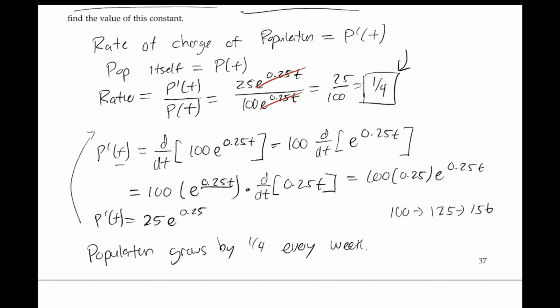So I was a little off. I called it 150. It's actually 156.25, but you can't have a quarter of a mosquito. And then 195, and then 244, and so on. So after like 5 weeks, we'll have 3 times as many mosquitoes if you started with 100. This is actually 305. So you guys get the idea.